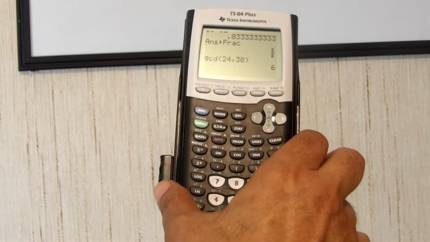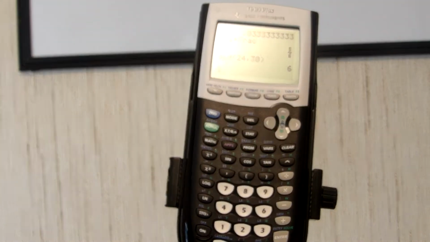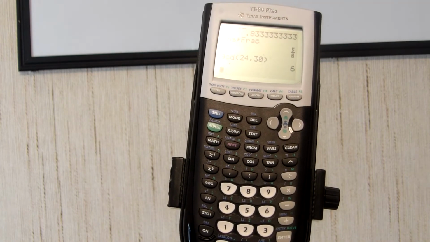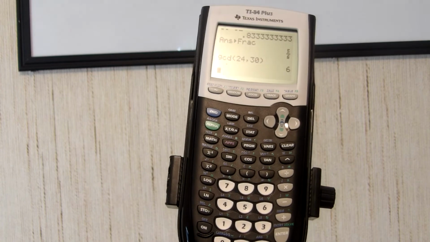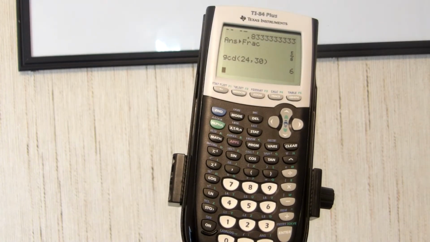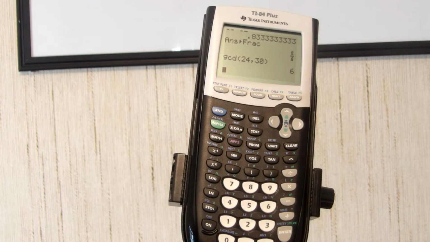Later on we talk about GCD and greatest common factor. Usually, but some people also call greatest common factor GCF. We will talk about this when we talk about factoring.